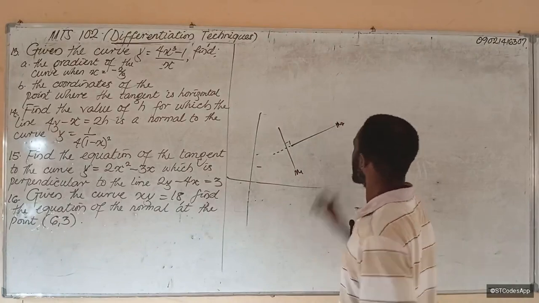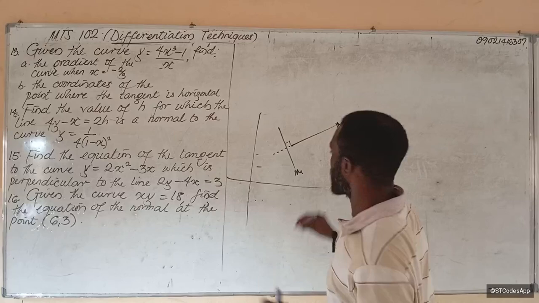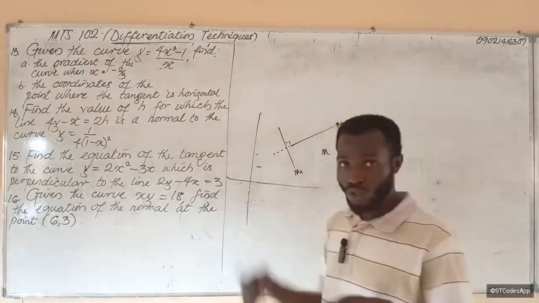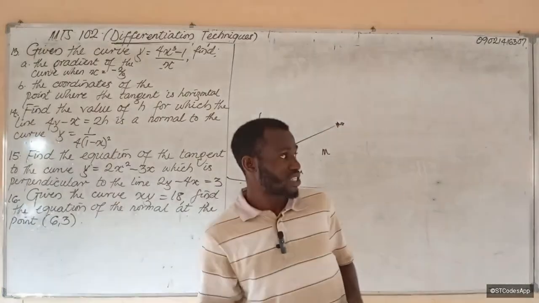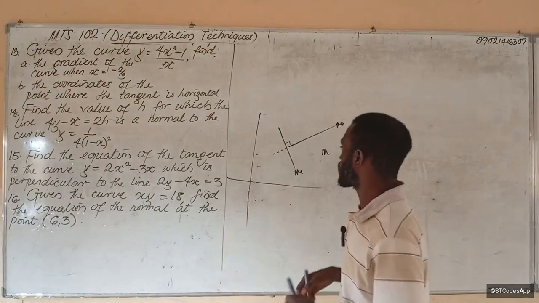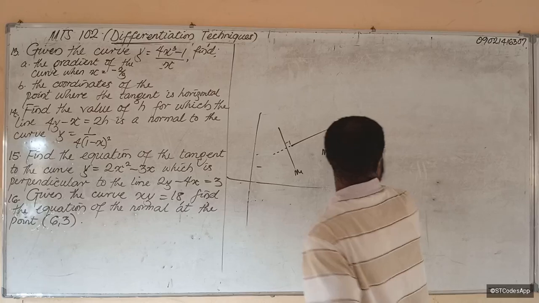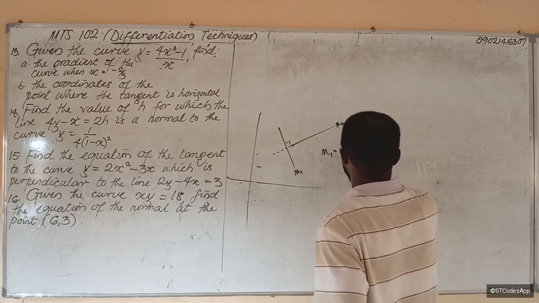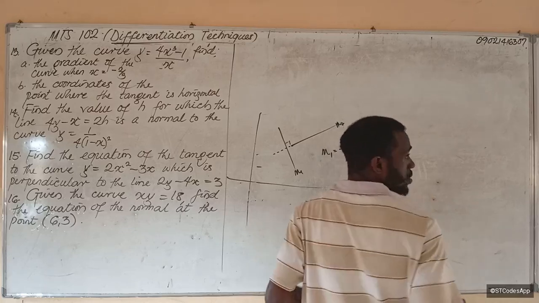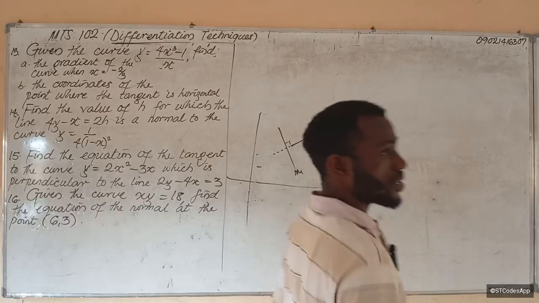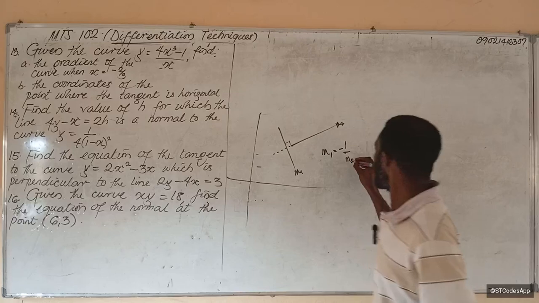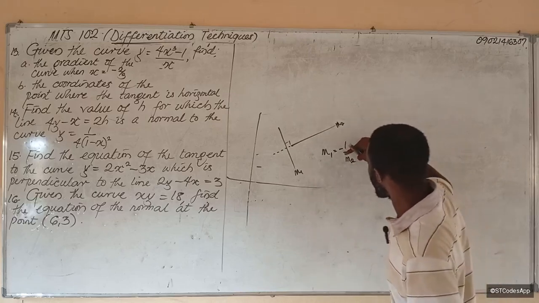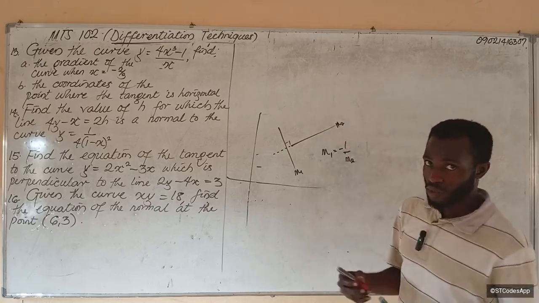I call the gradient of this one m1 and the gradient of this one m2. I've proven the relationship between them in that video too, so do well to see that video. I will link it in the description. The gradient m1 is equal to the negative inverse of the gradient m2. That's very common.